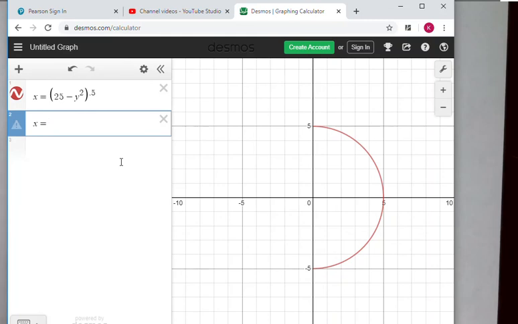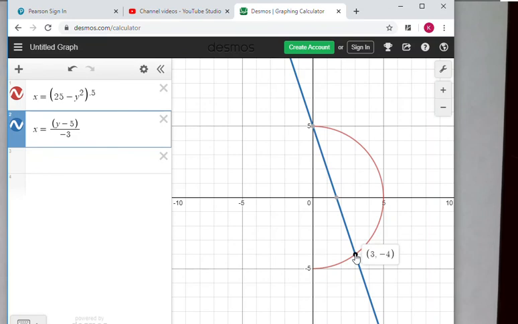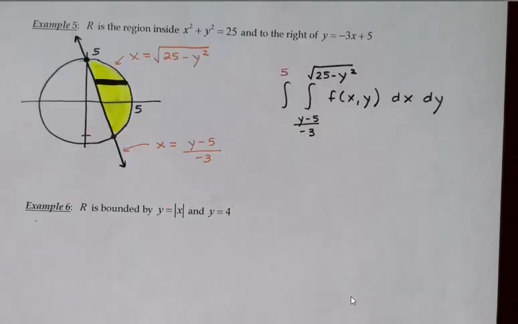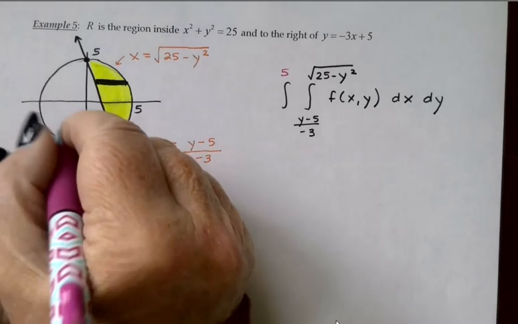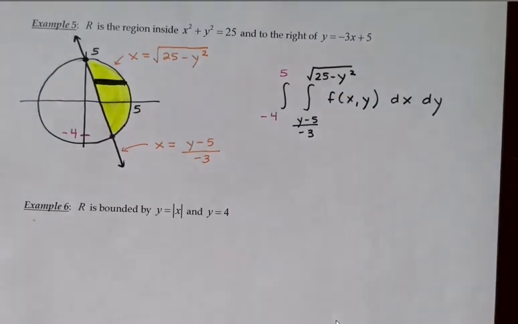I'll probably put that in parentheses. All right, and at this stage I can go right over here and just click on that point, and I can see that the intersection point is at 3, negative 4. So that y value that I'm looking for is actually this negative 4 here. And there would be the setup for my integral.